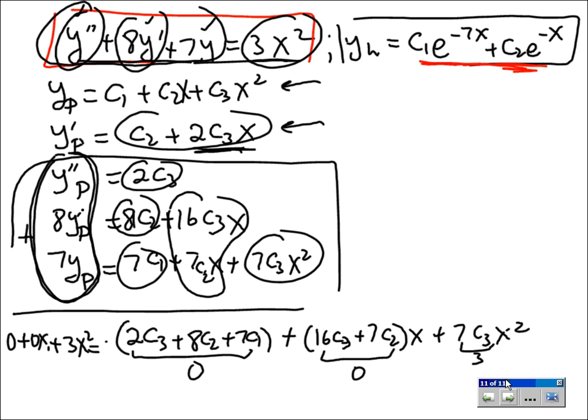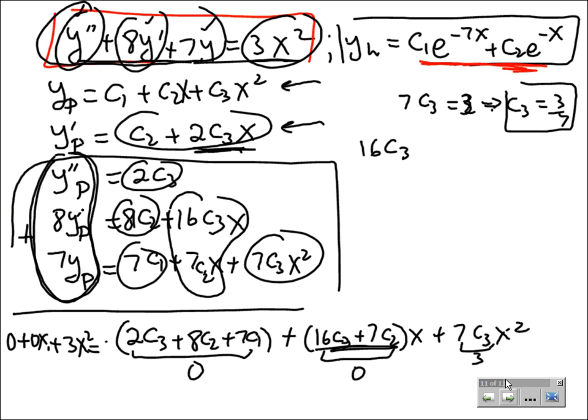Okay, so what do we get at that point? We can solve for C3 right now. We know that 7C3 is 3. So C3 is 3 over 7. Alright? We know that 16C3 plus 7C2 is 0.